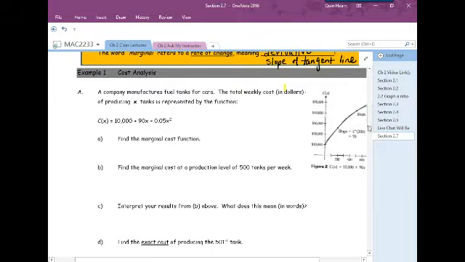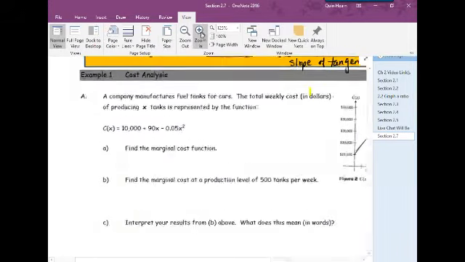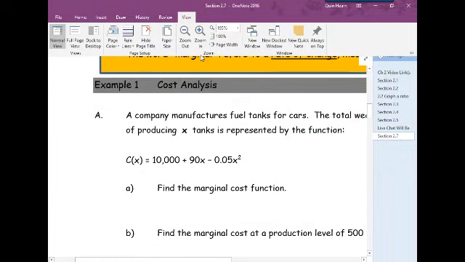Okay, so let's look at an example. Here we have a company that manufactures fuel tanks for cars. The total weekly cost in dollars of producing X tanks is represented by this function. C of X equals, maybe I should zoom in a bit here, 10,000 plus 90x minus 0.05x squared.